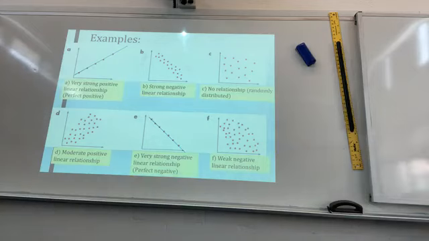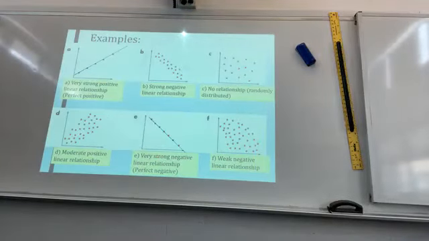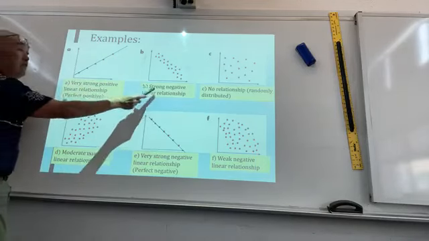Now, I've given you the names there, sort of the description there. Like A and E, perfect relationship. One is perfect positive, one is perfect negative. In real life, that only appears theoretically. Very seldom do you see that in experimental data. Strong negative, linear relationship.